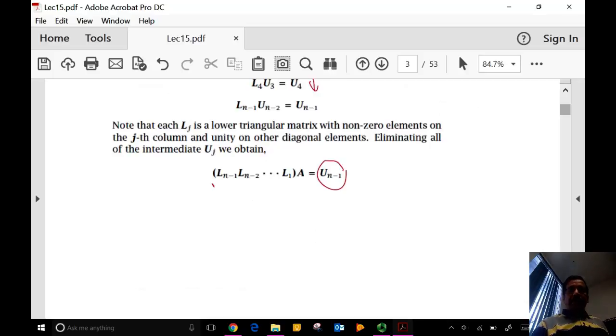And it is a product of a whole set of lower triangular matrices, each one representing elimination of one variable. This matrix multiplication eliminates x1, the next one eliminates x2, etc., going all the way to n minus 1. That eliminates the n minus 1 variable, and we have in the last equation only n as the element.